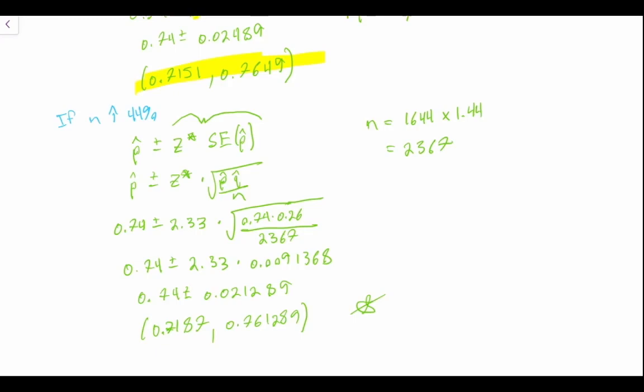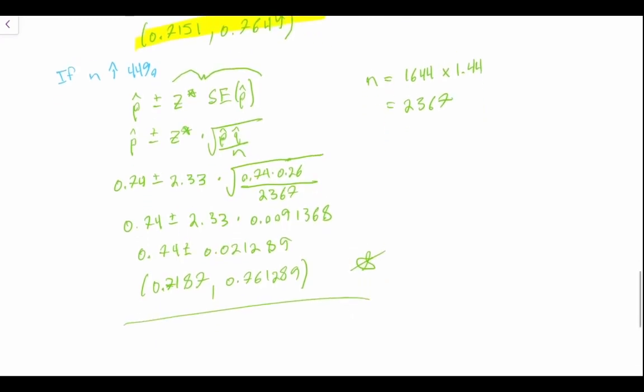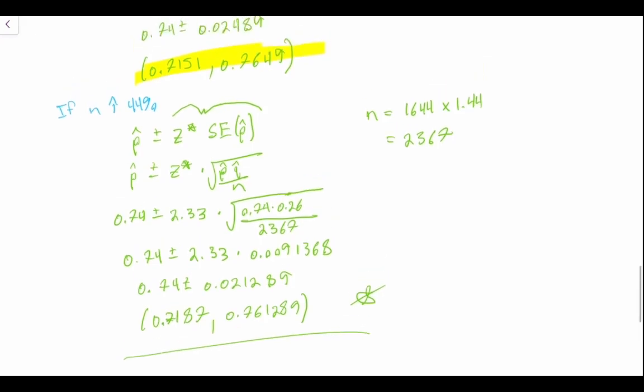And similarly, you could do the same down here with this confidence interval. So why don't we just do that? We'll calculate the distance, the delta here: 0.7649 minus 0.7151 gives us a delta of 0.0498.